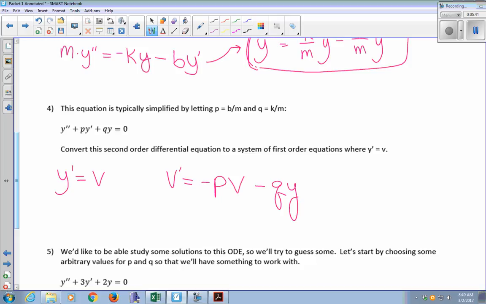So that's how you can convert a second order differential equation to a system of first order differential equations. Exactly. You just assign a new variable that gets rid of the second derivative. And when you're dealing with position, velocity, acceleration, your new variable would be velocity.